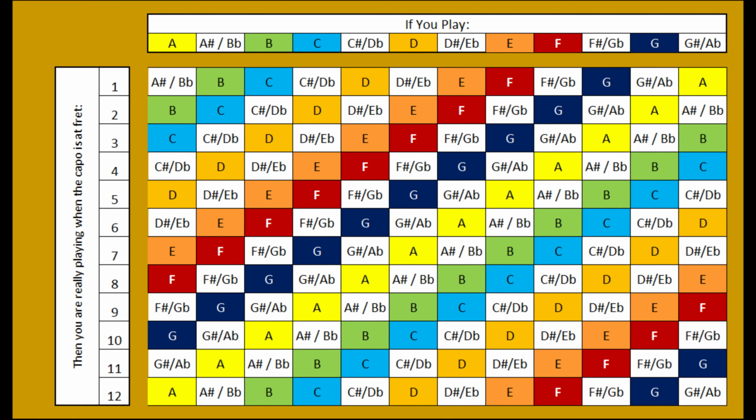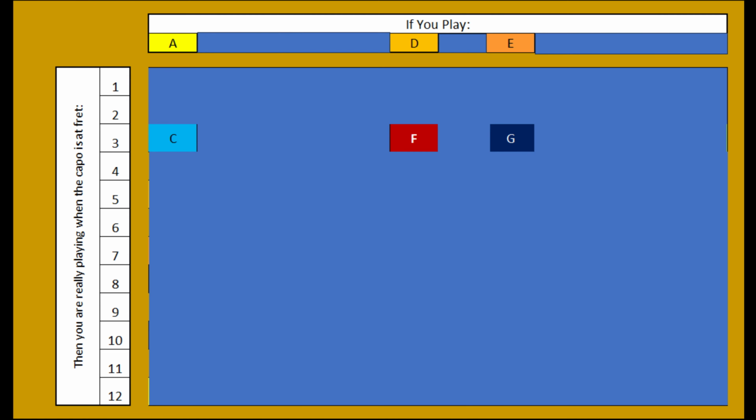If you can play the chords A, D, and E, but you put a capo on fret number 3, as in our case, you are in reality playing the chord C, the chord F, and the chord G. As you can see, when you are playing the chords A, D, and E, but a capo is on the 3rd fret, you are in reality playing a C, an F, and a G.